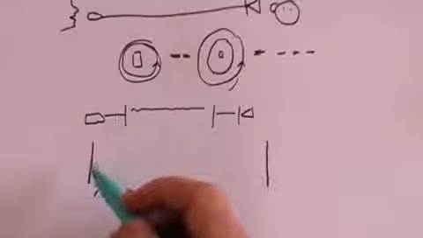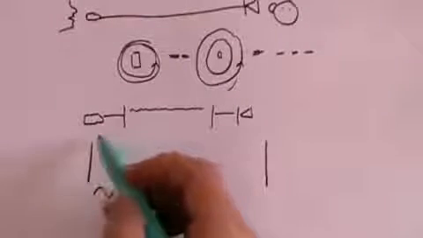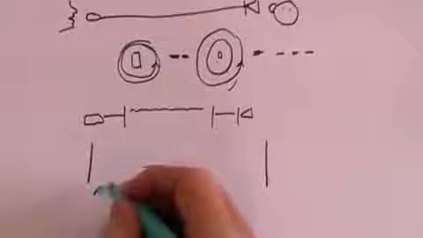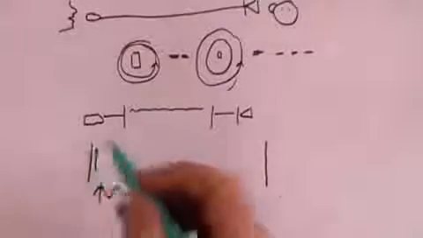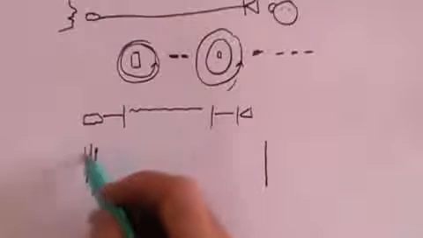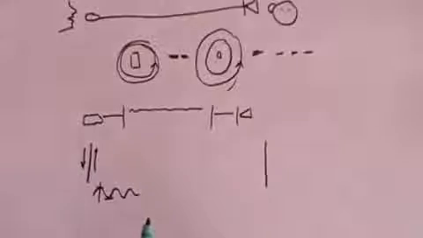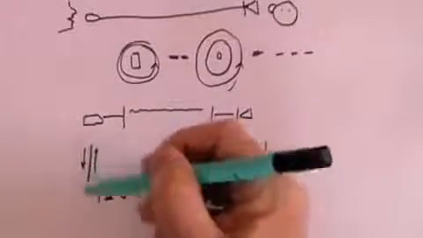And as a consequence, the electrons in the wire will be attracted to the positive end of the wire. So when the voltage is at the positive end, the electrons will all shoot up this way, and when the aerial is negative, the electrons will shoot down that way. And so the electrons are constantly accelerating up and down the wire.